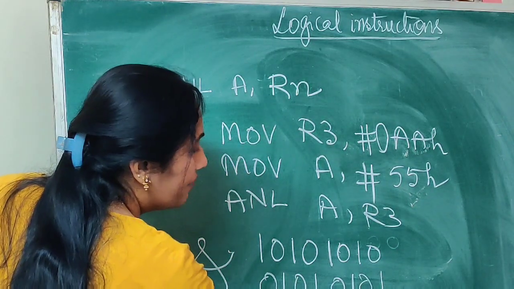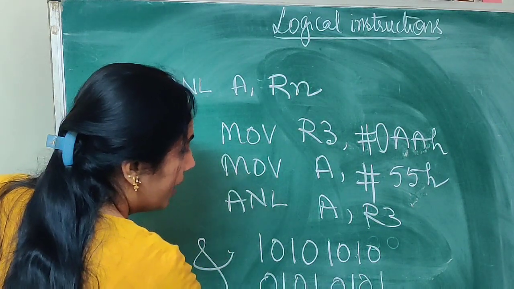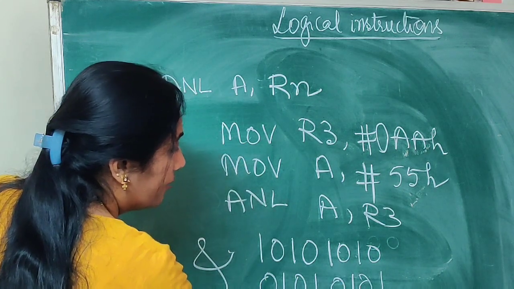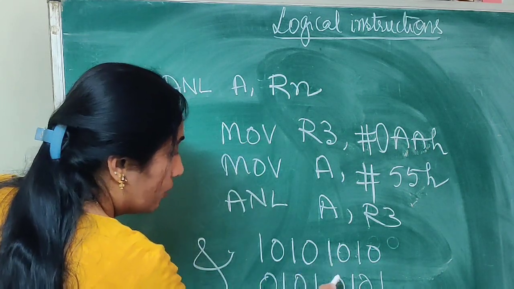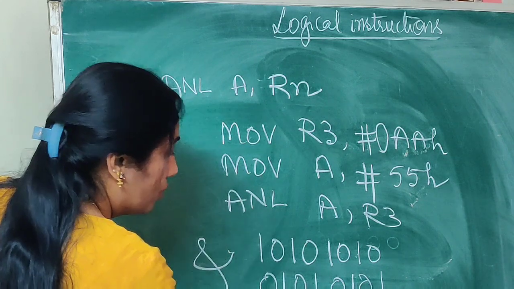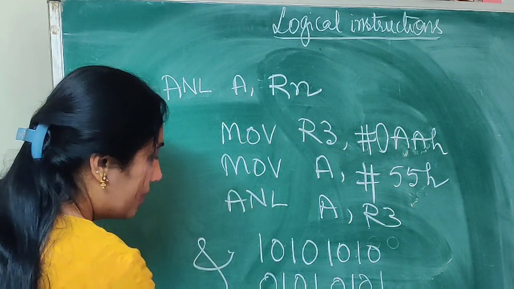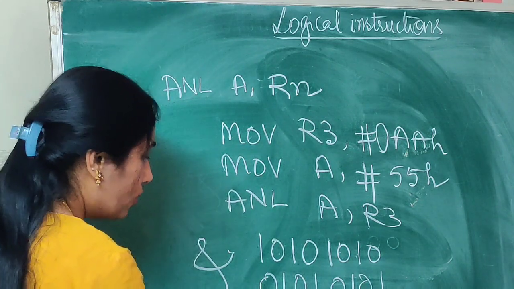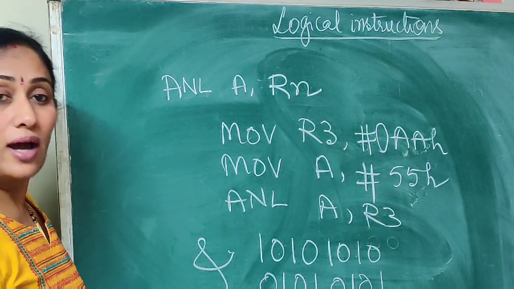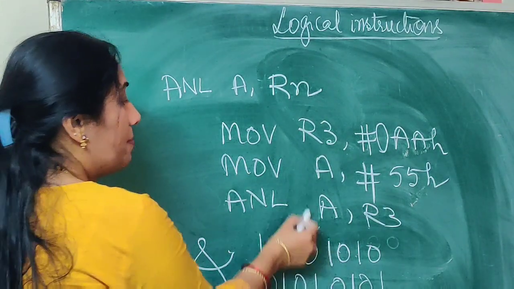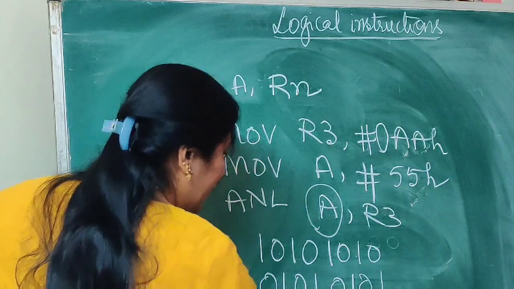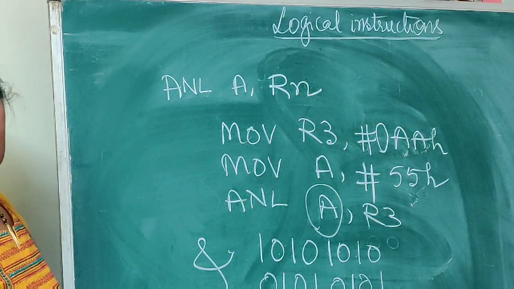So 0 AND 1 is 0, 1 AND 0 is 0, 0 AND 1 is 0, 1 AND 0 is 0, again a 0, 1 AND 0 is a 0, 0, 0. So what I am going to have over here, the result which will be placed in the accumulator is this one, that is 00 hex.